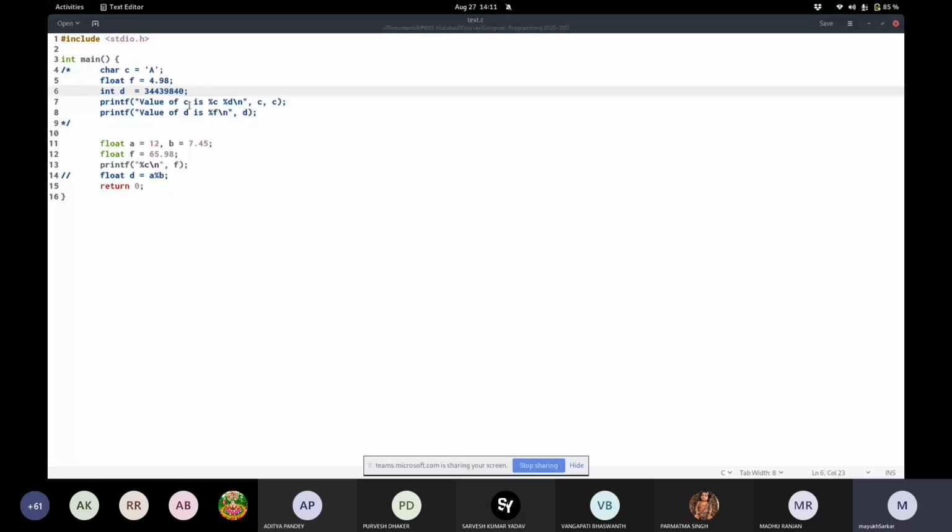Let me tell you, yesterday I tested with this. What it gives is a pure garbage value. In all other cases, when you print using a format specifier, the format specifier converts the corresponding memory content into the corresponding data type and then shows that to you.